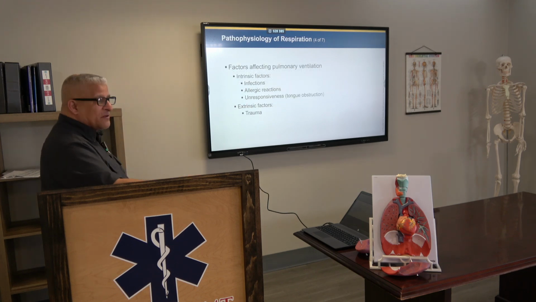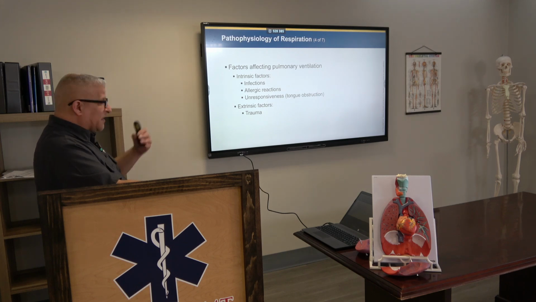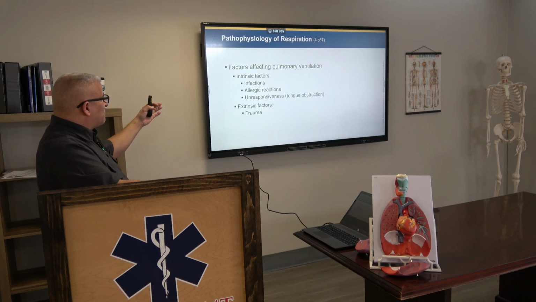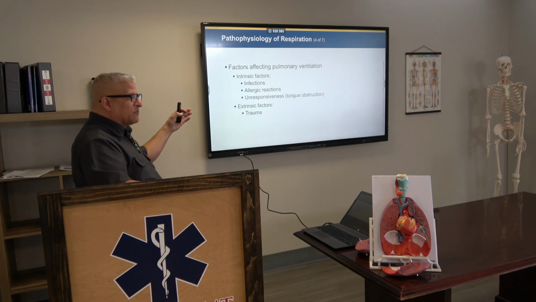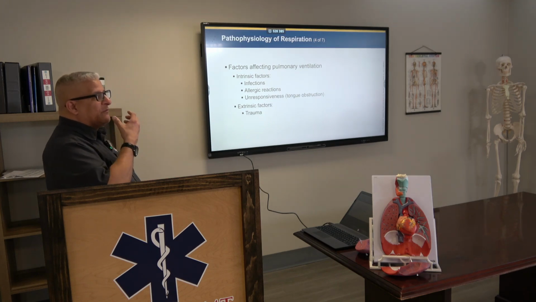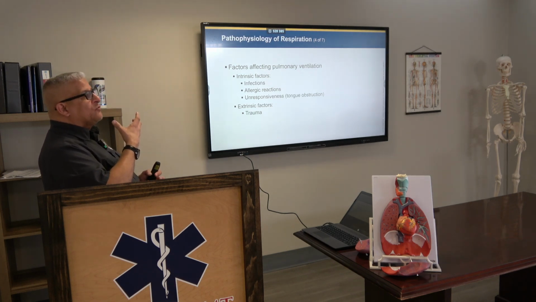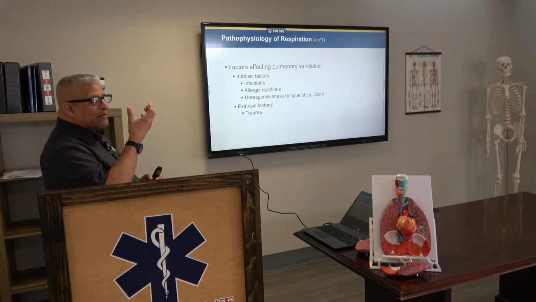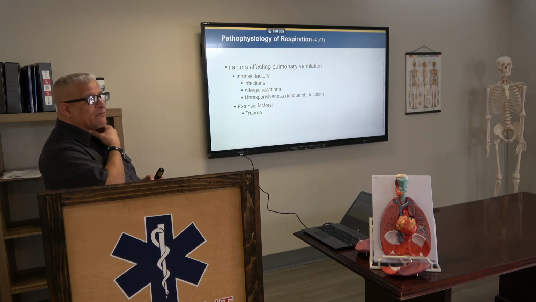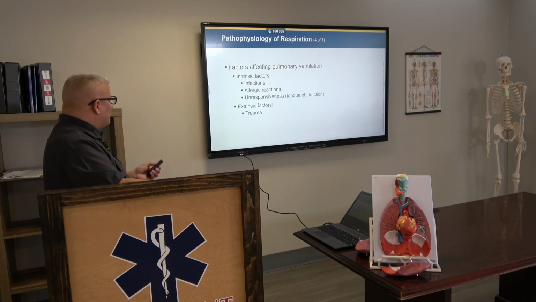So, factors affecting our pulmonary ventilation. Intrinsic, inside within the system: infections, allergic reactions, unresponsiveness, which is the tongue obstruction. Your tongue is a muscle, so when patients go unresponsive and they're laying back in a supine position, the tongue has a tendency of sliding back into the back of their throat, and it partially blocks the airway.